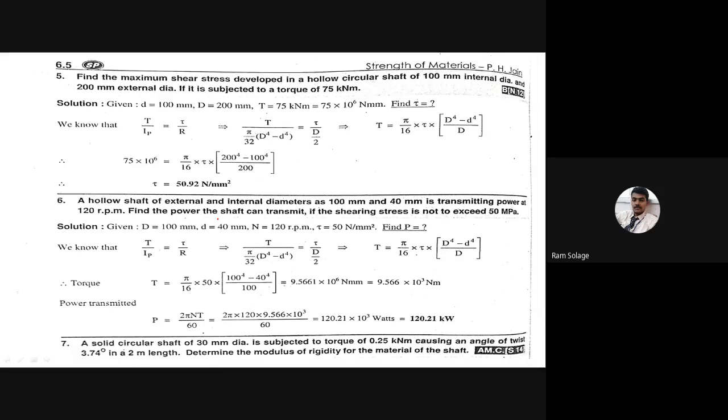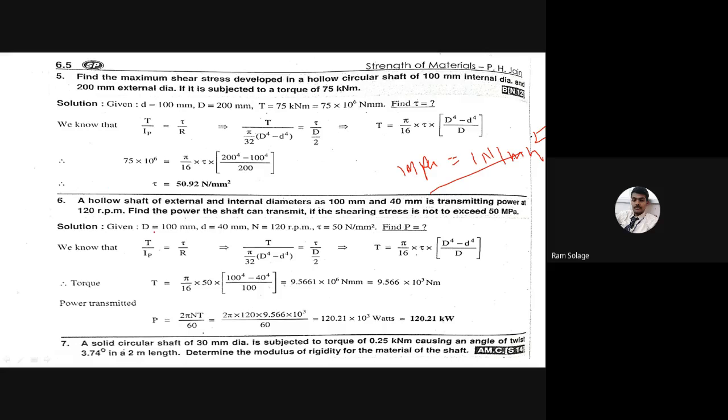Find the power the shaft can transmit if the shearing stress is not to exceed 50 megapascal. 1 megapascal is equal to 1 Newton per mm square. Already this relation is given in chapter number 1.